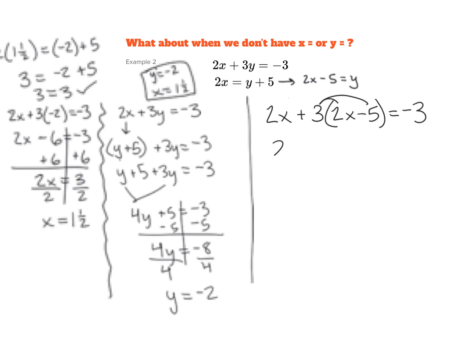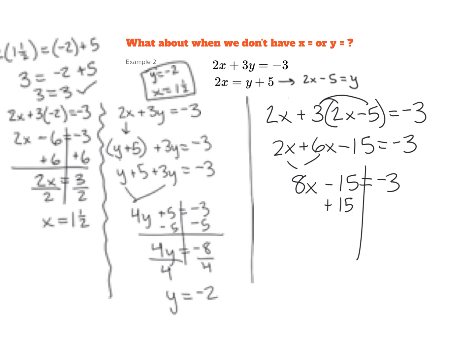Substituting in here, I get 2x plus 6x minus 15 is equal to -3. 2x and 6x make 8x minus 15 is equal to -3.